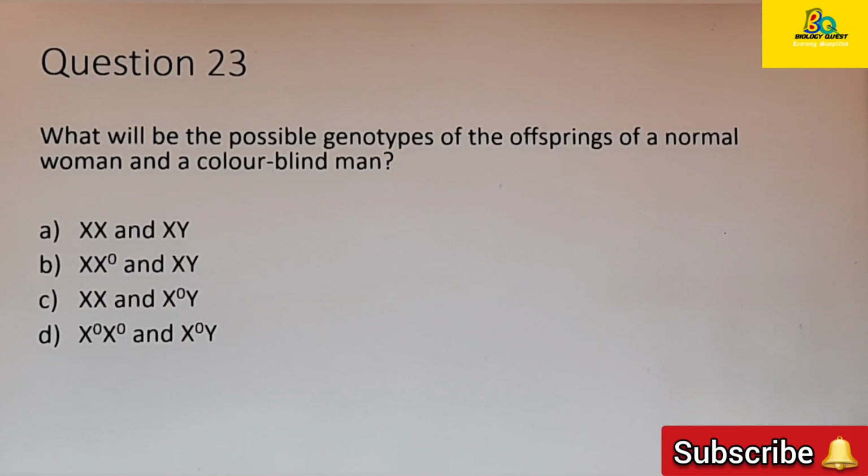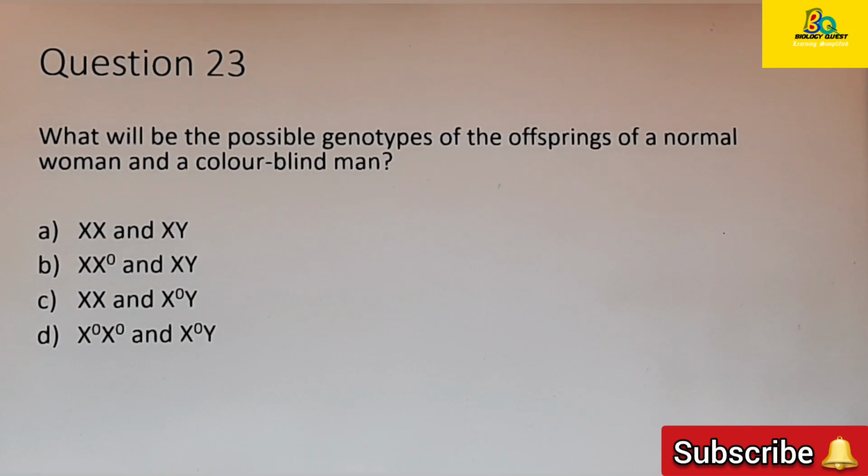Next question. What will be the possible genotype of the offspring of a normal woman and a color-blind man? What is the peculiarity of color blindness? Color blindness is an X-linked trait. Color blindness is due to a recessive gene that is located on the X chromosome.